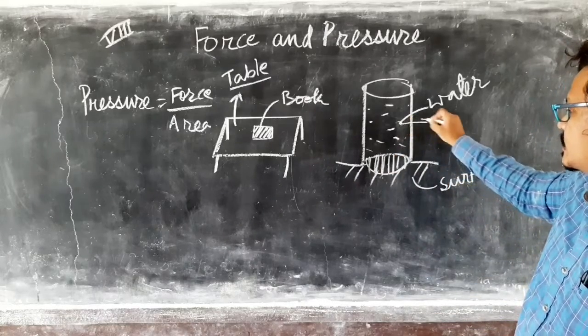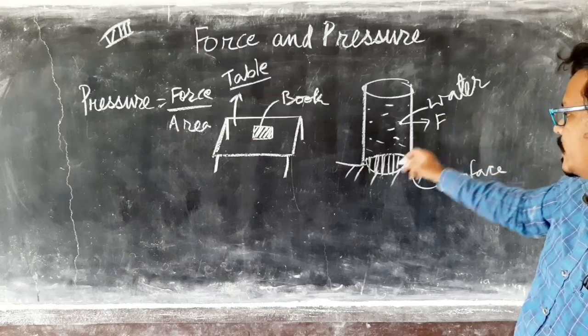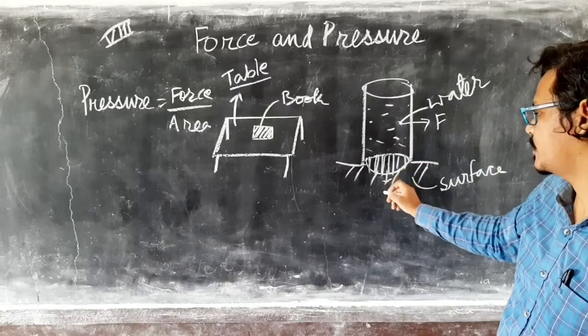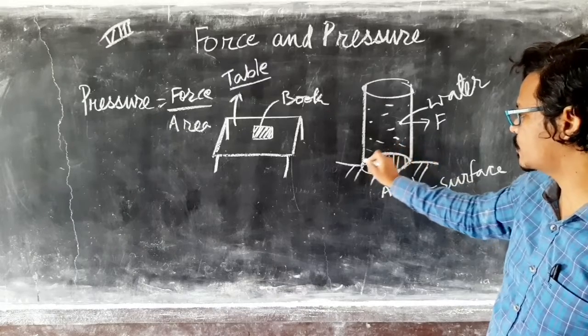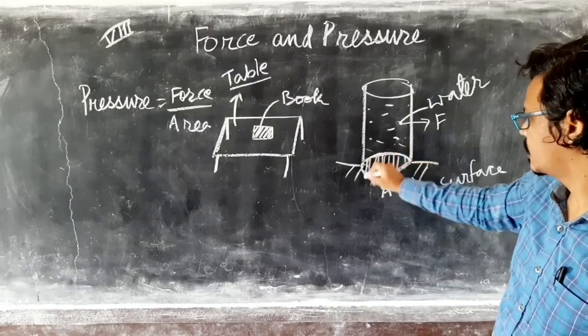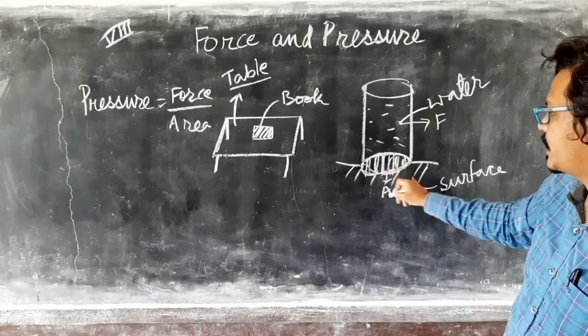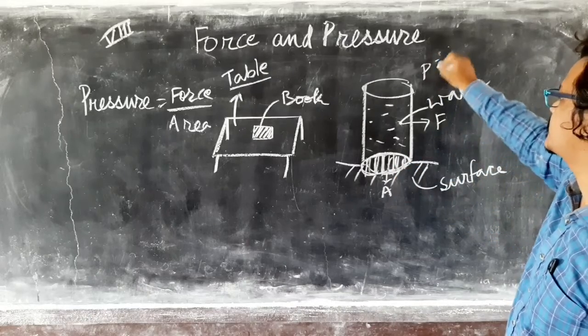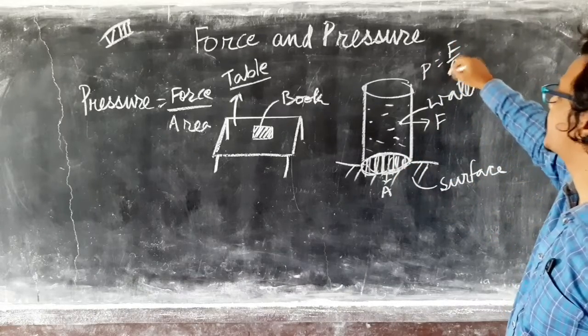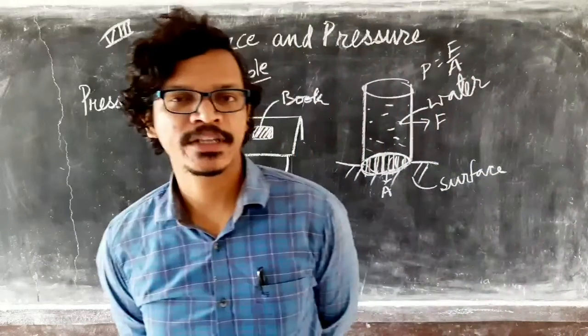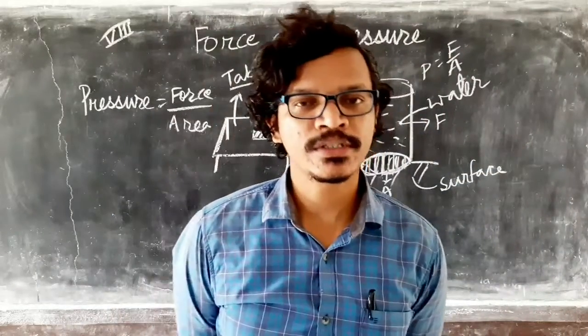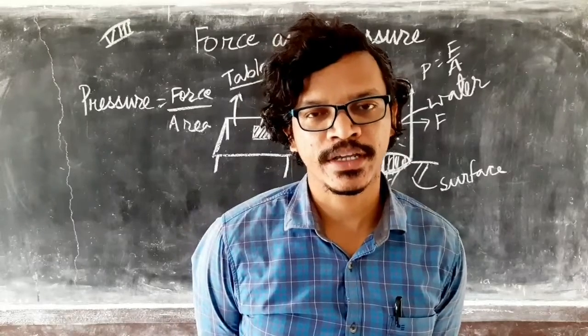Suppose this is applying some force F here, and suppose this is the area of this surface which is in contact with the table, this is A, then pressure will be defined as F by A. So that is the pressure. Pressure is basically the force applied per unit area.